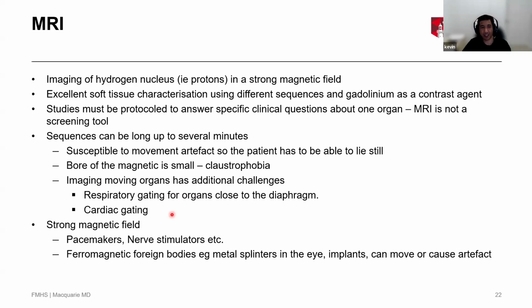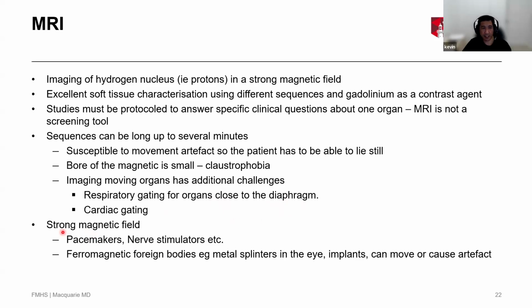So if you can predict how the heart is moving, which is okay if you have a nice calm patient and the pulse is 60, you can use cardiac gating to image during certain times of the cardiac cycle, and you can effectively freeze the motion of the heart or get cine images of the heart. The diaphragm is a bit harder. People have tried respiratory gating, doesn't work so well. So imaging around the liver can be tricky if you cannot get a sequence done within a breath hold.